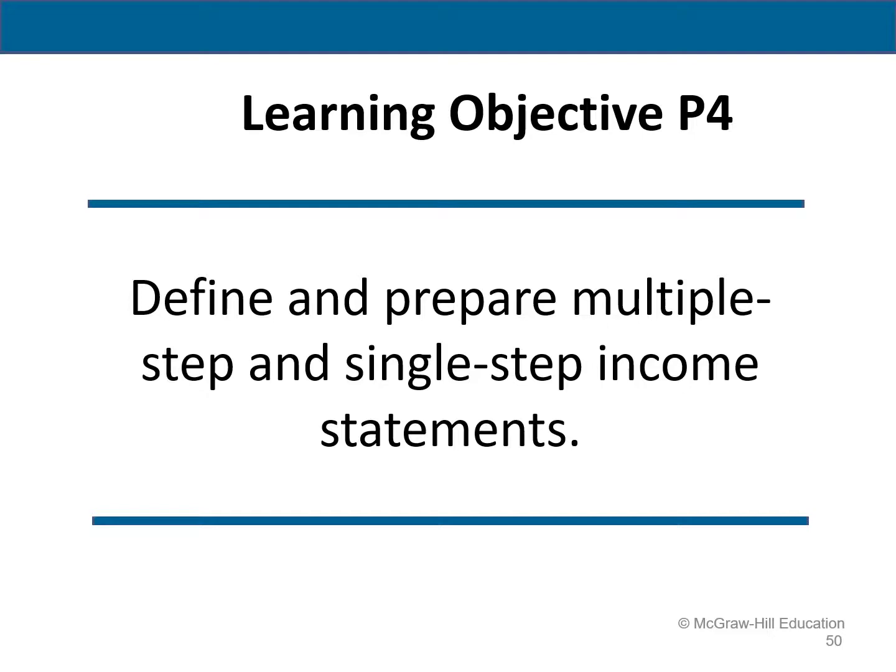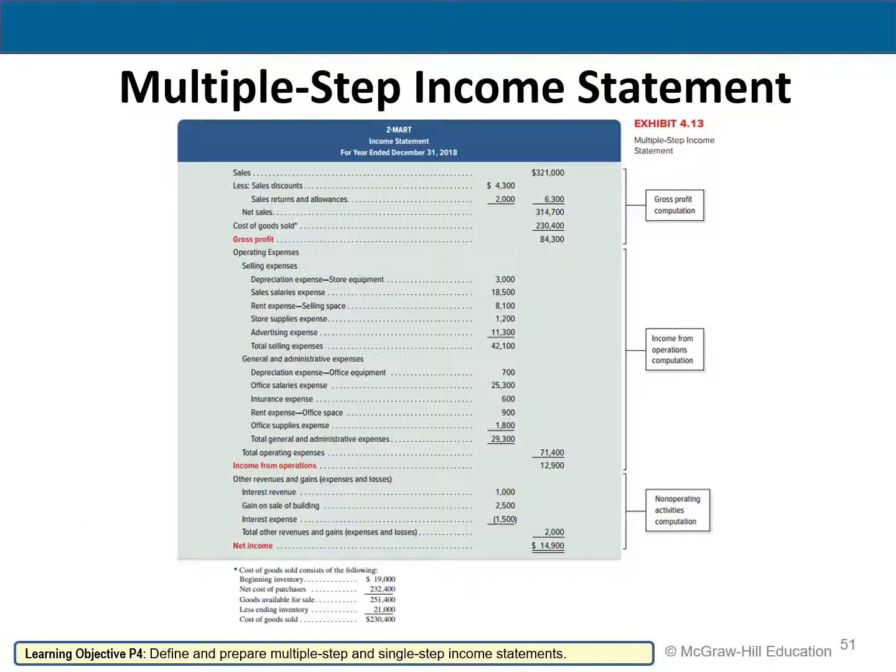All right, defining and preparing multi and single step income statements. So the multiple step income statement. In the first 3 chapters, we talked about the income statement being revenues less expenses equals net income. We're not really required to use any one presentation for financial statements, but typically your merchandising companies will use the multi-step income statement. Your first section here is the gross profit computation.